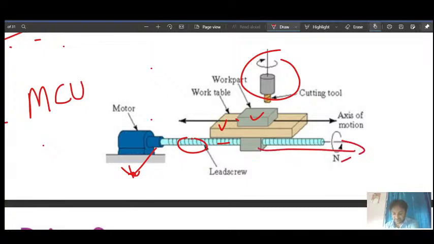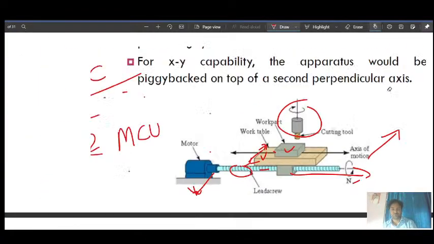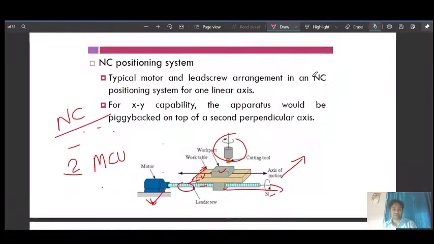If we have another axis of motion, it will be attached on the same lead screw, and it will be synchronized with the lead screw. So we will be able to achieve the transverse motion also. So that is used when we need to move in transverse direction.